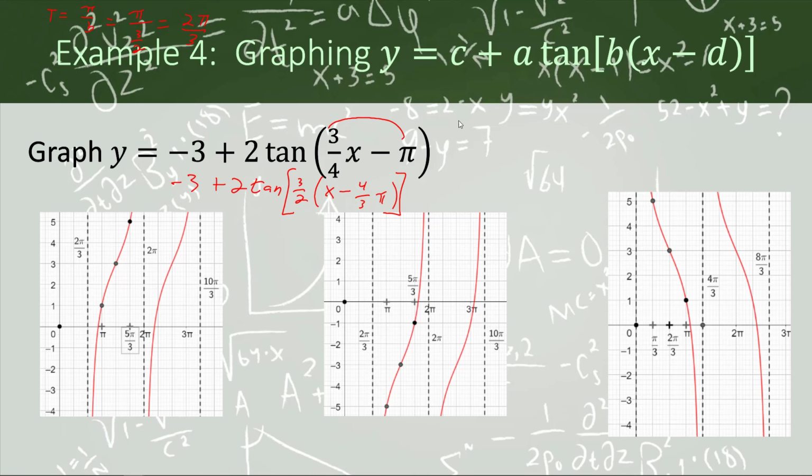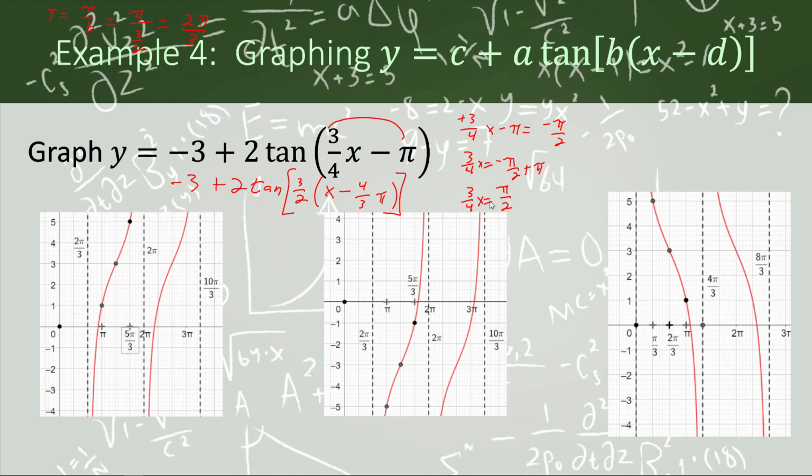So let's let 3/4 x minus pi be equal to -pi/2. If we do that, we can add pi to both sides, and then we will have 3/4 x is equal to -pi/2 plus pi, and that will give us that 3/4 x is equal to positive pi/2.